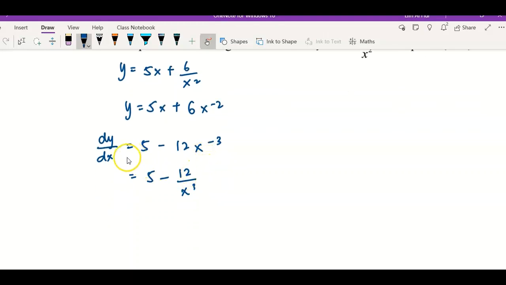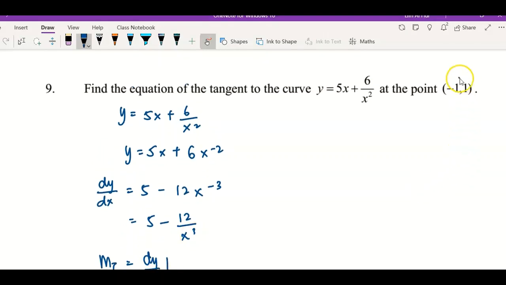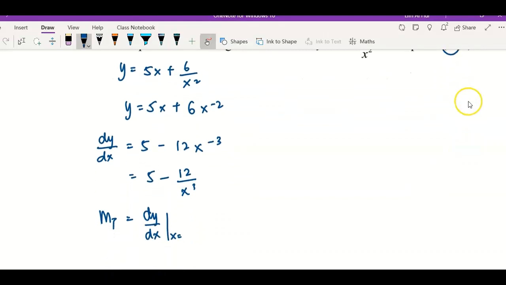So to get the gradient of the tangent, which is represented by mt, I'm going to substitute x equals -1 into my dy/dx. This represents the gradient of the tangent at the point x equals -1.